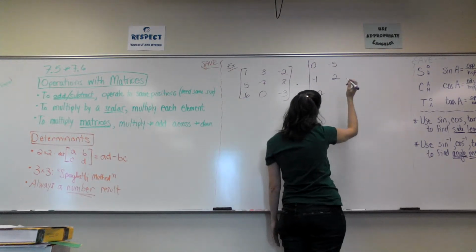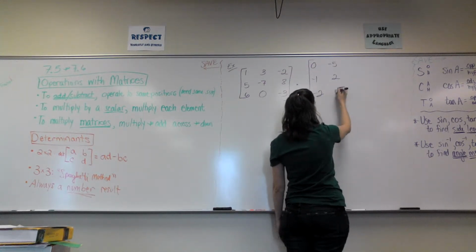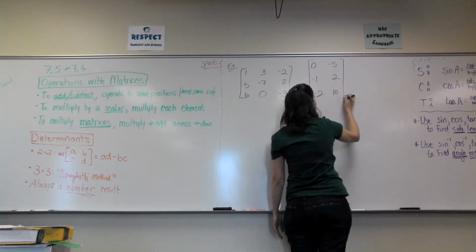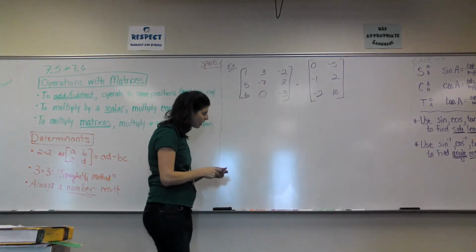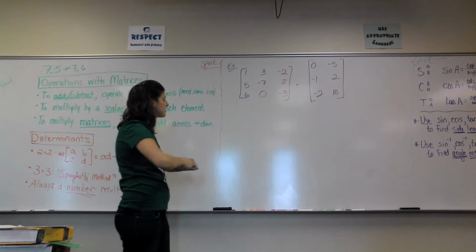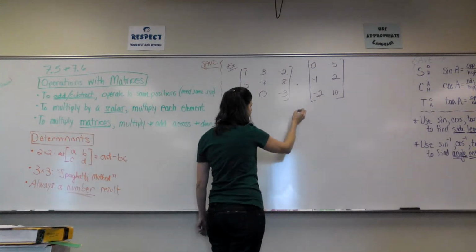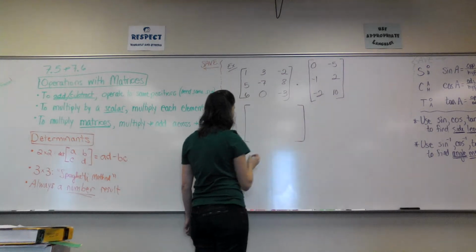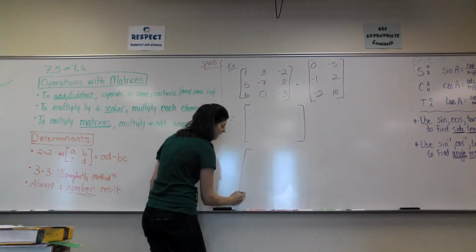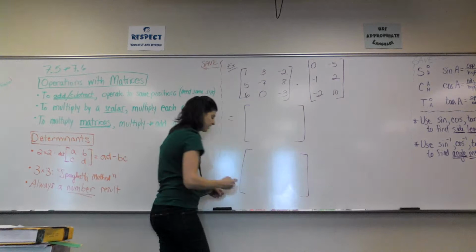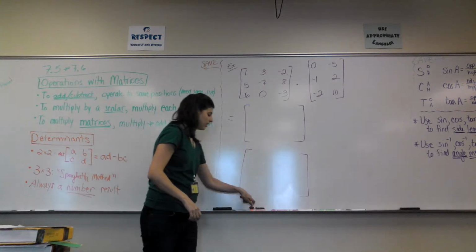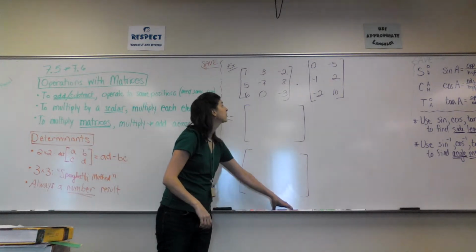And then negative 2, why not? And 10. Okay. So we're going to show our work in our work matrix, like I said. All right. And we'll put our answer matrix down here. All right. So let's start.